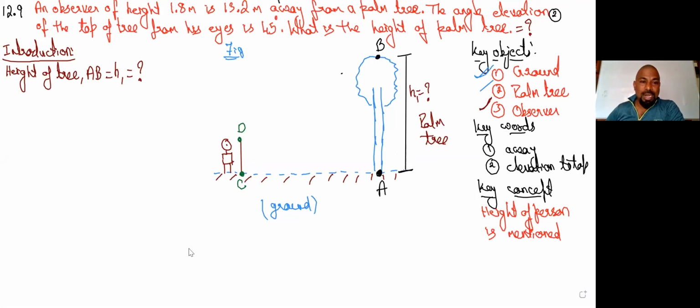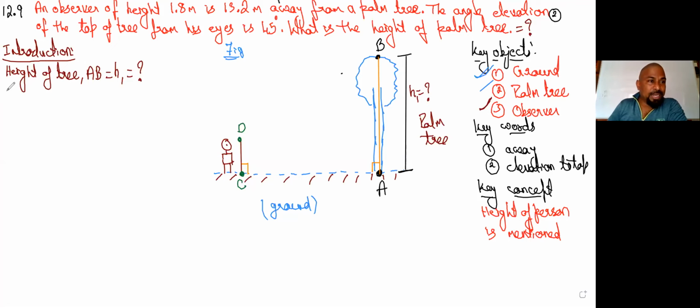Let me convert the person and the tree into a geometrical shape, a line, and we know the line should be 90 degrees. We are taking the height of the tree and the height of the observer as vertical lines. Why vertical? Because it makes an angle of 90 degrees with the ground. Ground is nothing but the base.